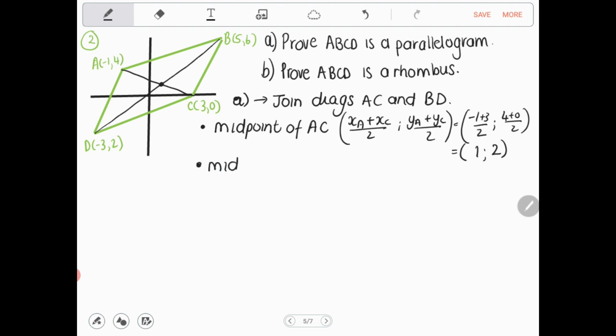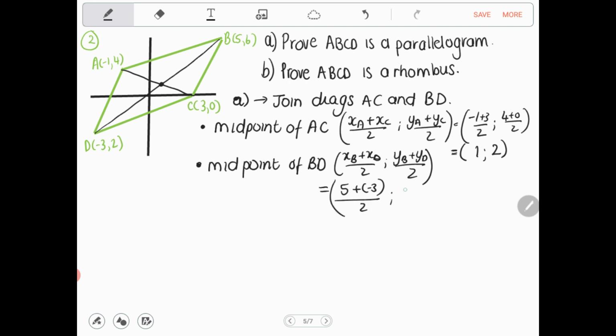Okay, what is the midpoint of BD? All right, so the midpoint of BD is the x at B plus the x at D divided by 2, and the y at B plus the y at D divided by 2. And that's going to be 5 plus -3 over 2 and then 6 plus 2 over 2.